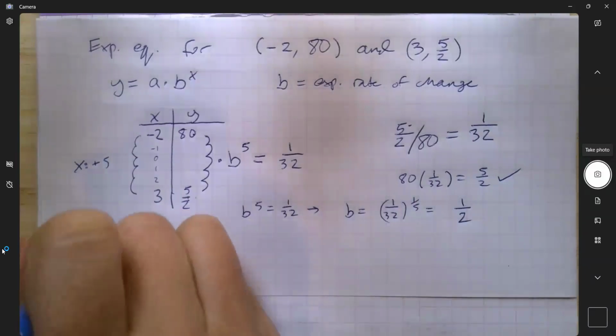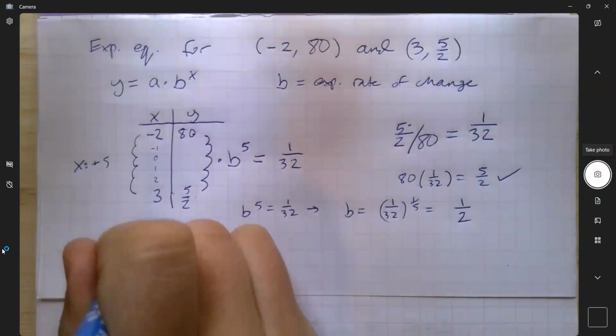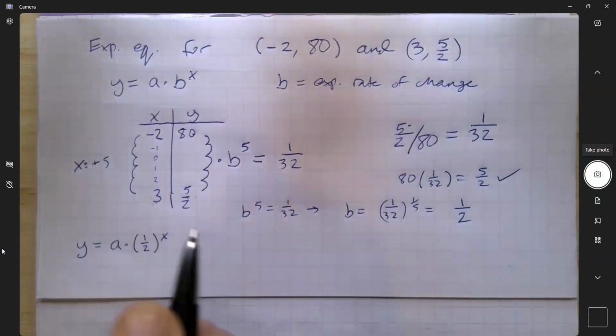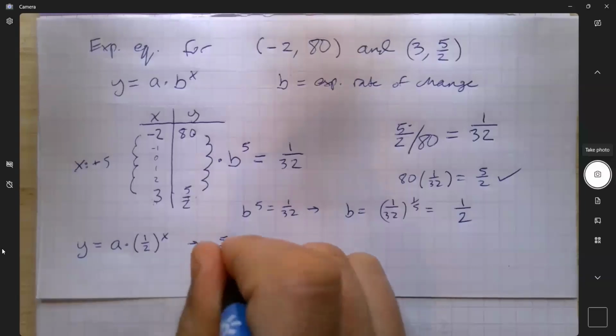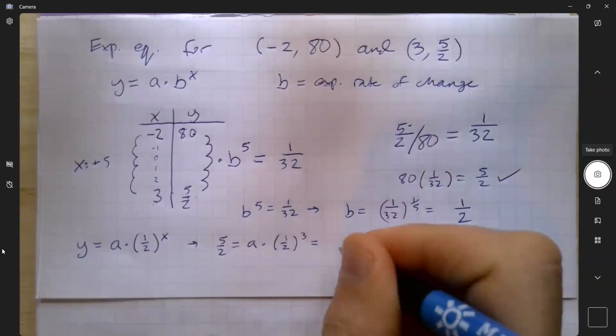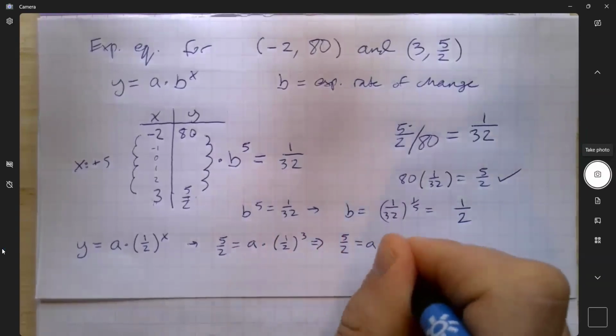So now I can fill that information in. Maybe I still don't know a, but I do know that b equals 1/2. And now I can use either of my 2 points. Sometimes it's easier to use positive exponents. So let's say that 5/2 should equal a times 1/2 cubed. 5/2 is a times 1/8.